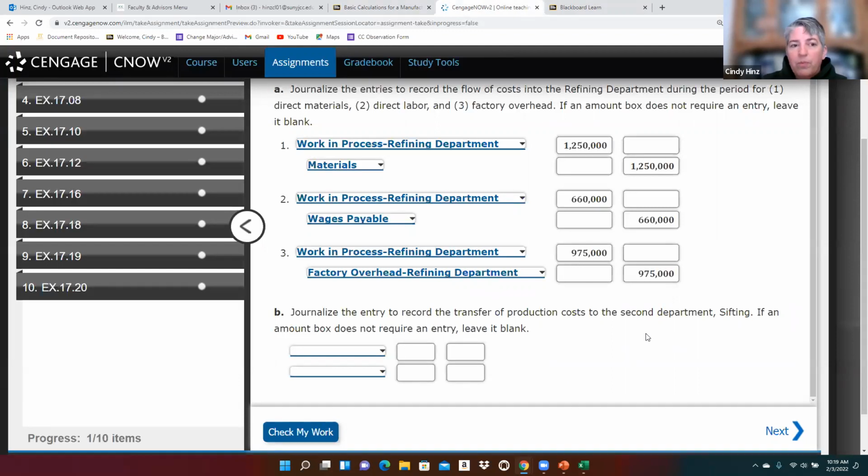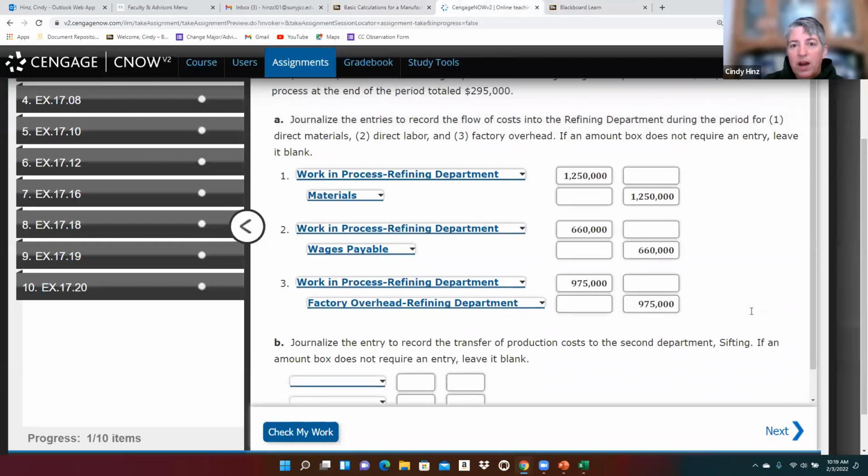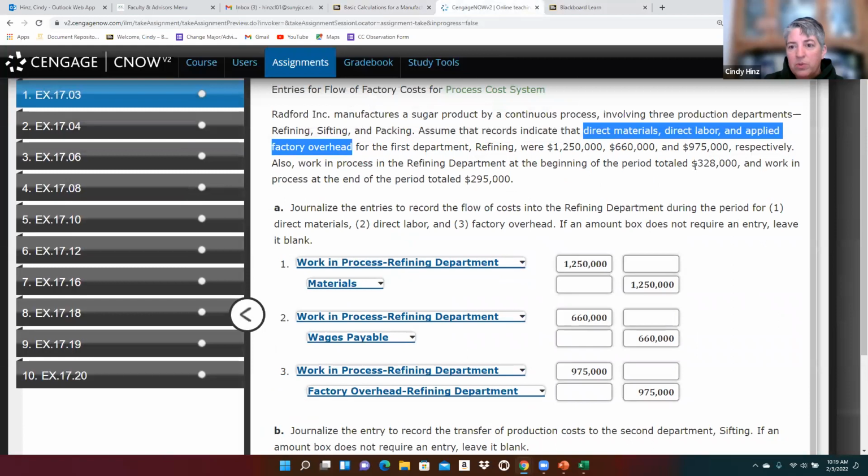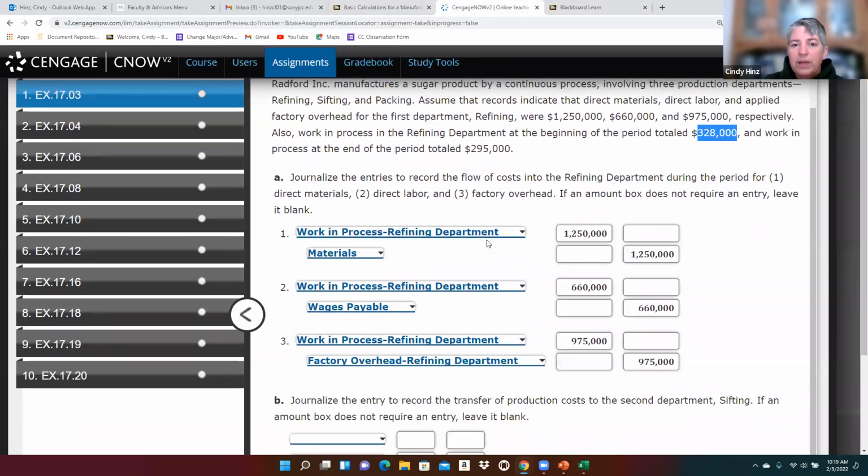So if you look at that formula in Blackboard, we start with the beginning balance, which we are told here is $328,000. What did we add to that? Well, we can see right here in part A the three costs that were added.